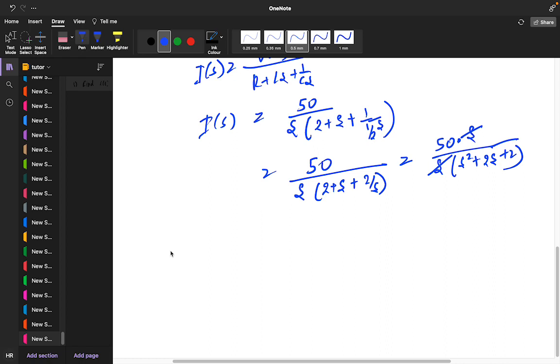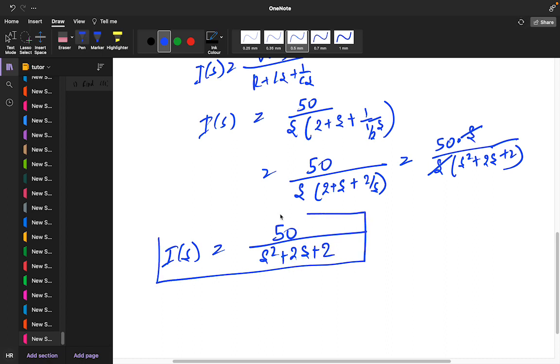So I of s you are getting is 50 divided by s square plus 2s plus 2. Now you need to convert this into I of t.